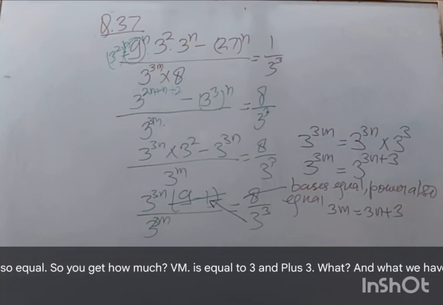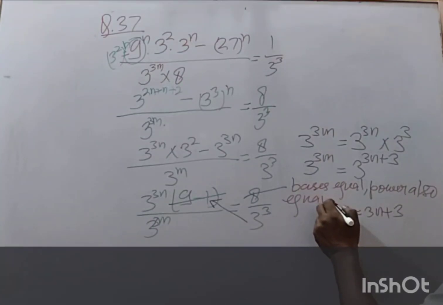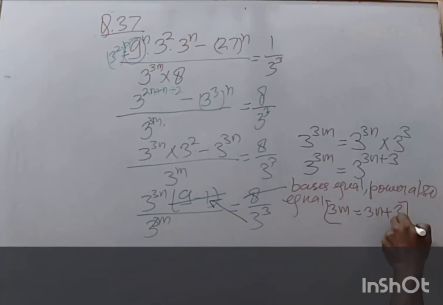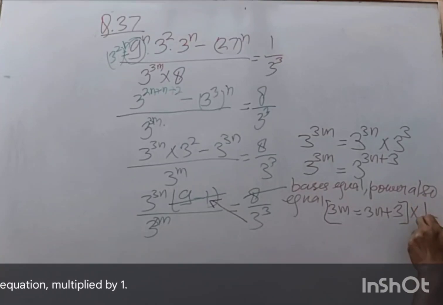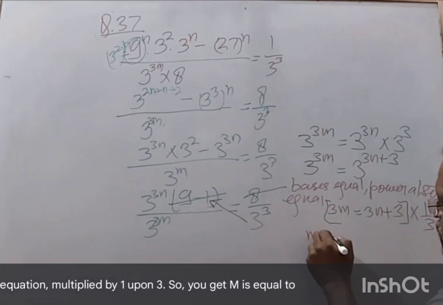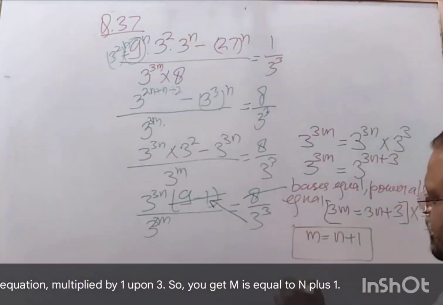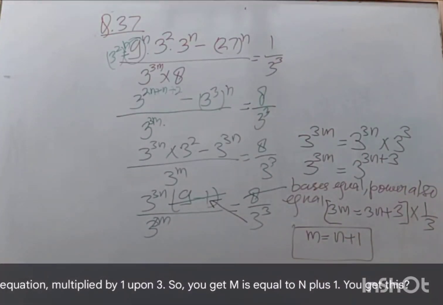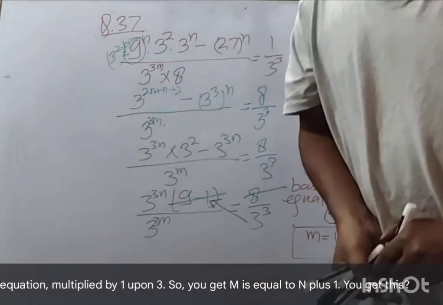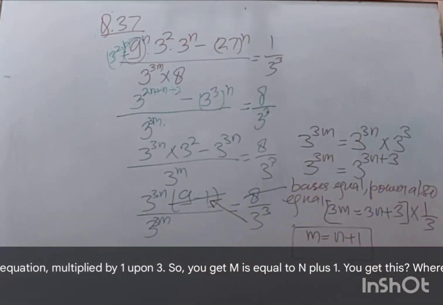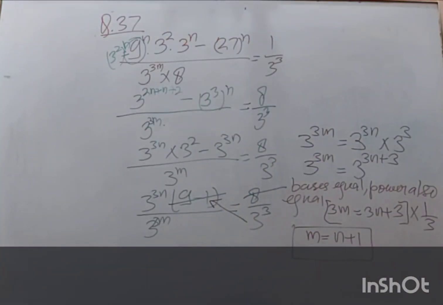Then whole equation multiplied by 1 upon 3. So you get m is equal to n plus 1. You get this? Where have you gone, man? Yes, sir. You get it?